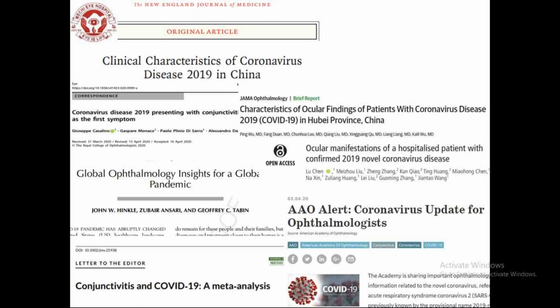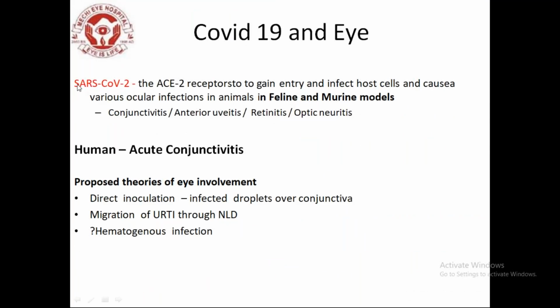There are a lot of literatures regarding what coronavirus causes in humans. So the causative agent of COVID-19 is SARS-CoV-2, and it attaches to the ACE2 receptors, angiotensin converting enzyme 2 receptors, gains entry into the mucus and then infects host cells. In experimental models, like in cats and mice, it was able to cause conjunctivitis, anterior uveitis, retinitis, and neuritis.